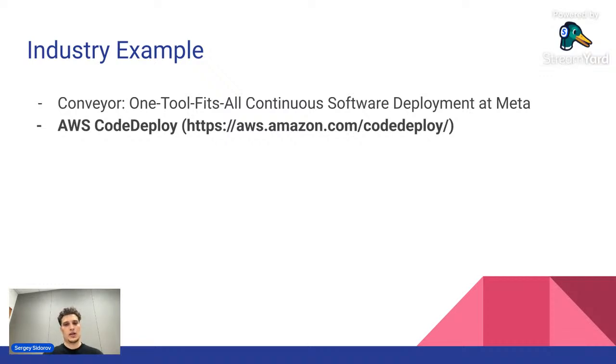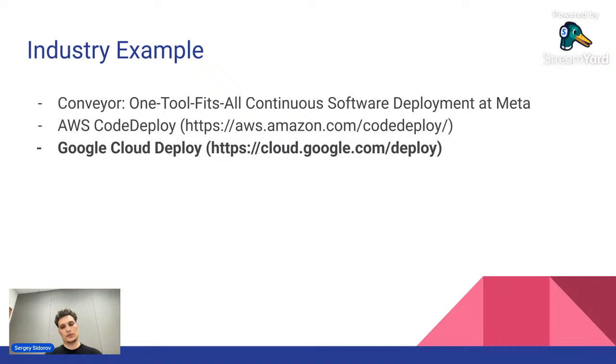Here's the link, you can check it. It's very similar in how it works to what we described before. Google also implements it as part of Google Cloud Deploy, which supports feature-rich configuration for deployments, including health checks, staged rollouts and canary.